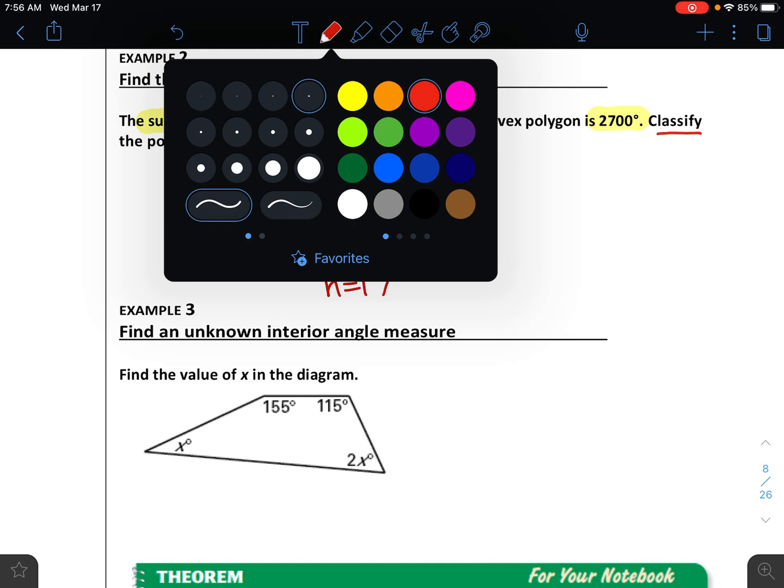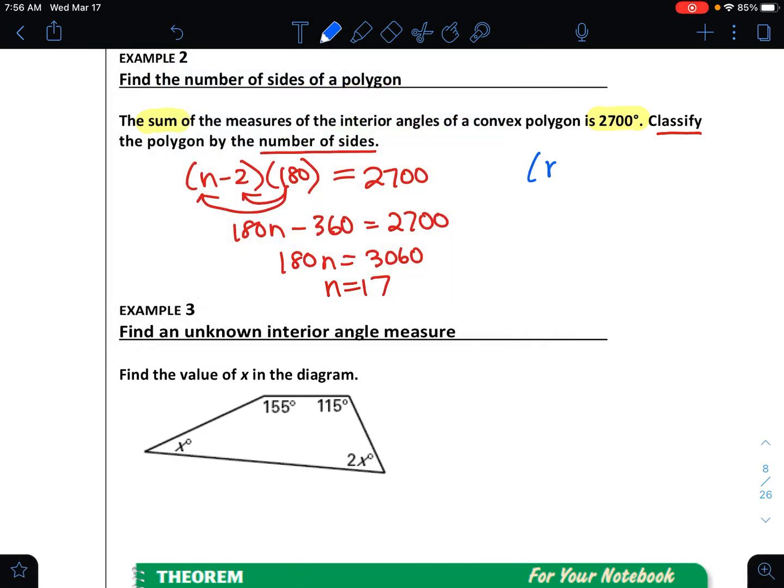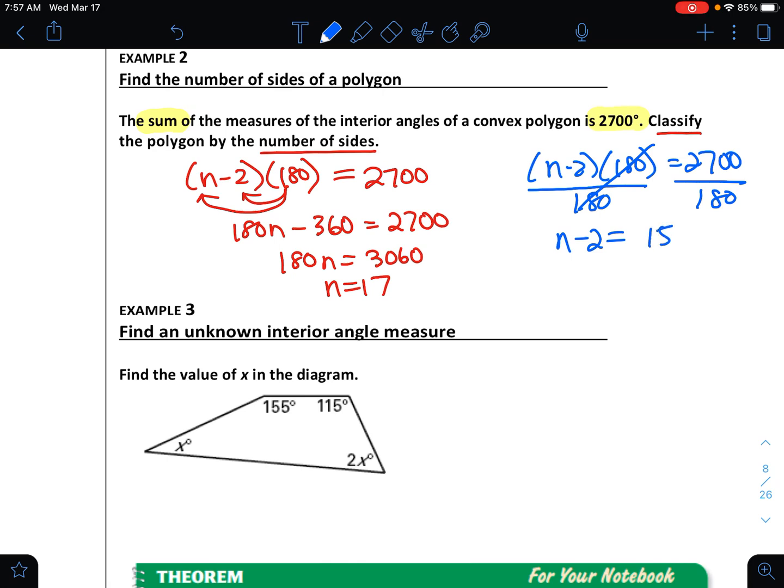I could do another type of solving. I've got n minus 2 times 180 equals 2,700, so I could start here and divide both sides by 180. Those two would divide out to be 1, leaving me with n minus 2. 2,700 divided by 180 is 15.